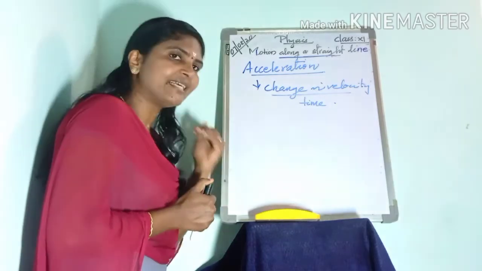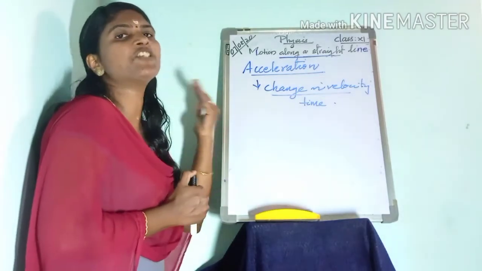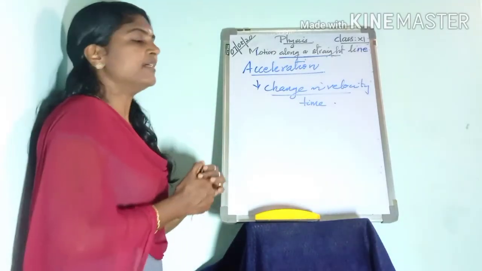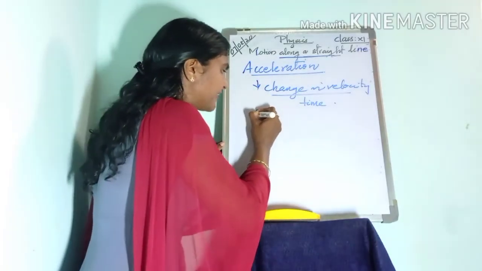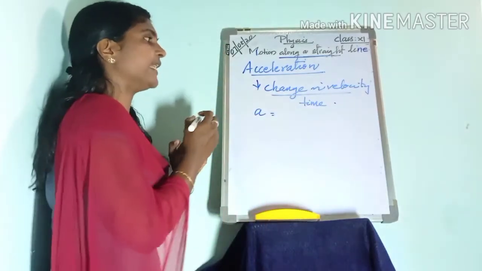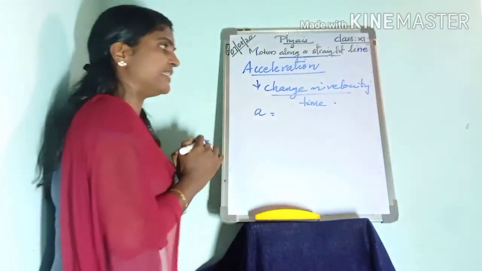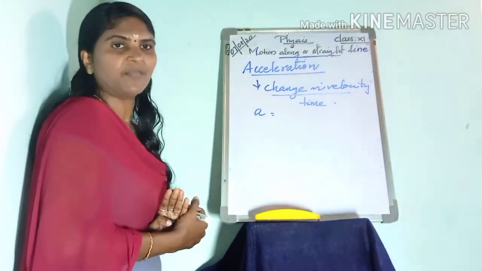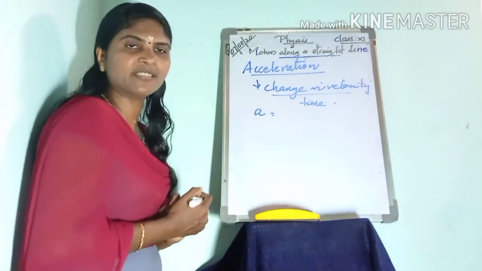What is acceleration? Acceleration is the ratio of change in velocity per unit time. Acceleration is represented by small a, which is equal to change in velocity divided by time.